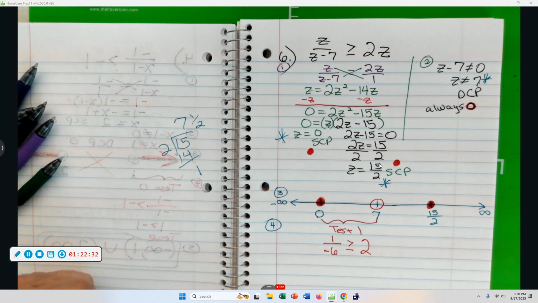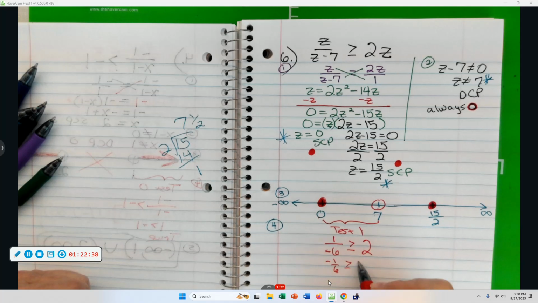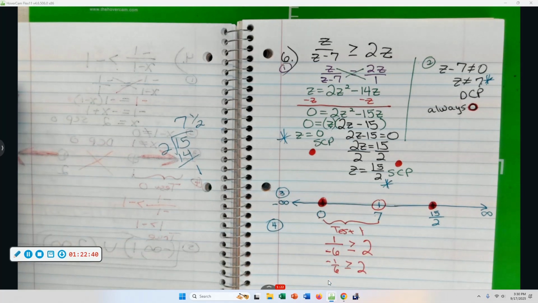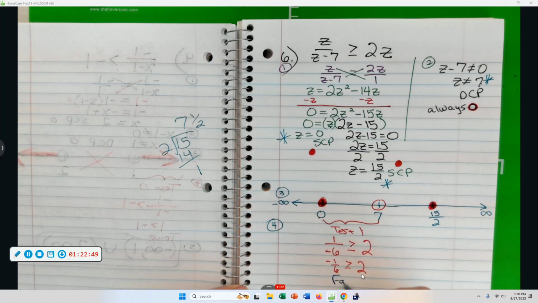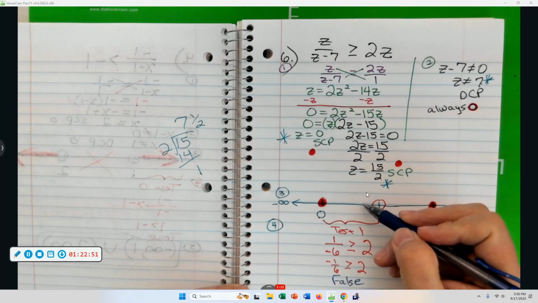Okay. So positive divided by negative is negative. We have a -1/6 is bigger than 2. True or false? Is a negative number ever bigger than a positive number? No, so that's false.